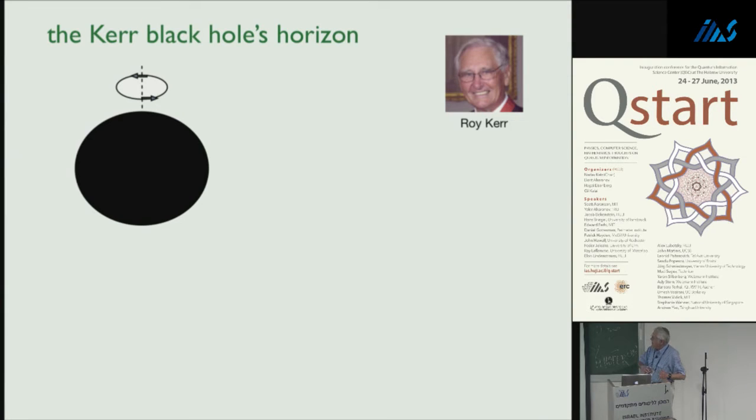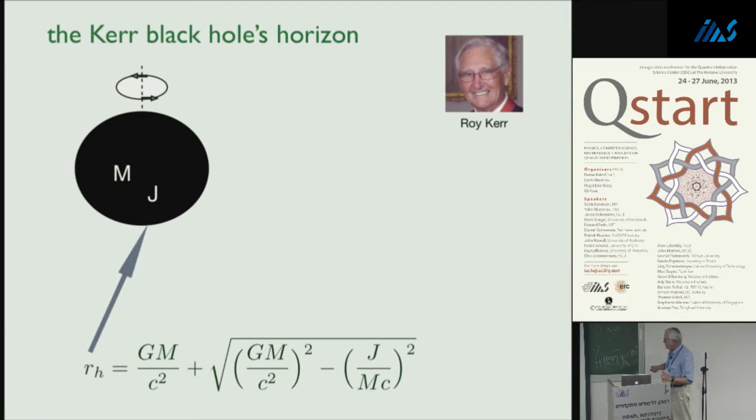The observable properties of the Kerr black hole's gravitational field are controlled by just two parameters, the mass and the angular momentum. If you want to know the scale of this black hole, in some coordinates which are very popular, the radius of the border of the black hole, which is called the event horizon, is given by this expression here.